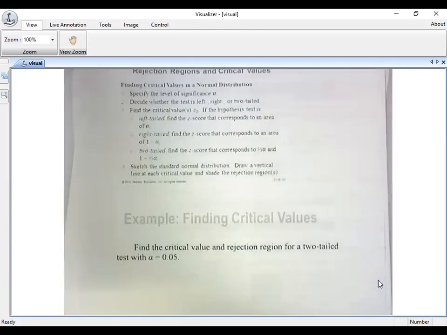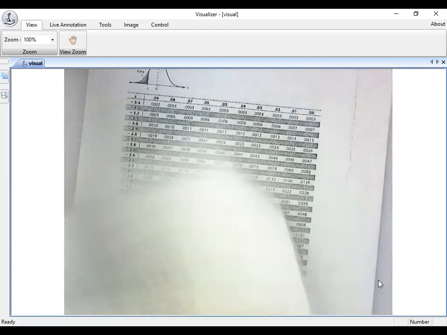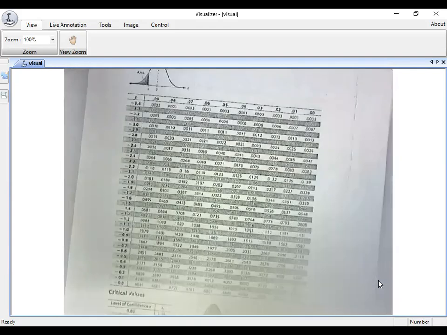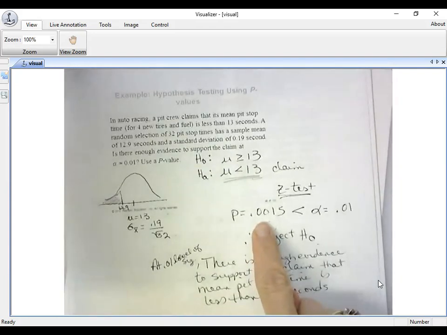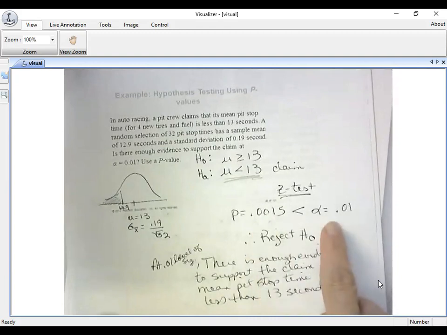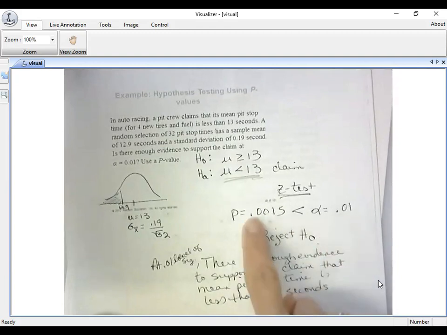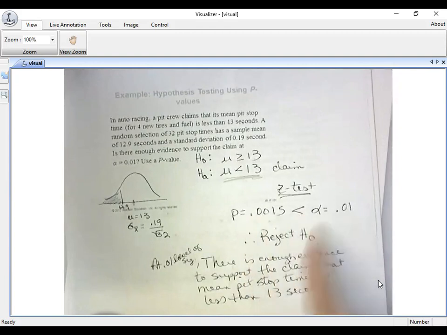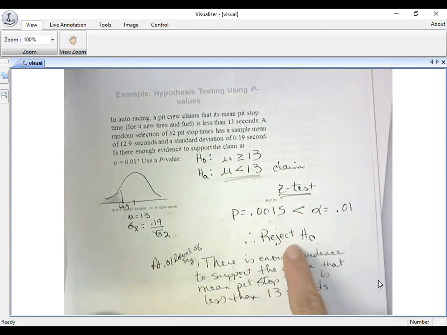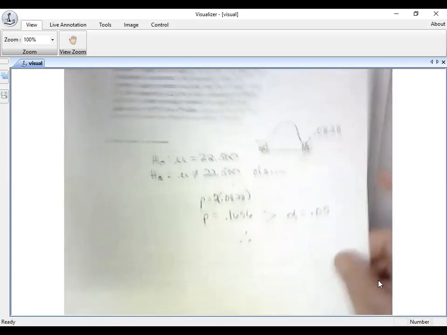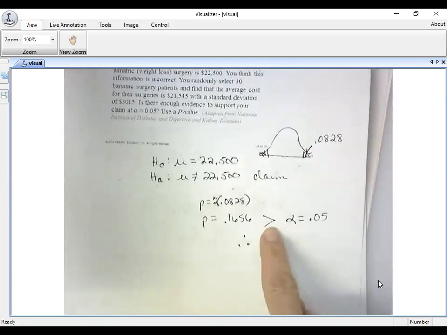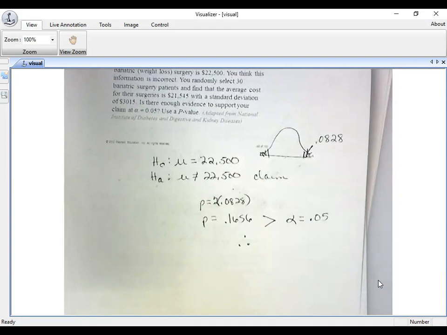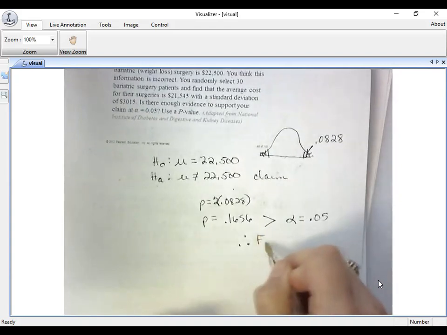We got a p-value that was 0.0015, and when you compared it to 0.01, obviously p was smaller. And if p was less than alpha, our decision was to what? Reject. As long as p is smaller than alpha, you're going to reject. But this one, p is definitely bigger than alpha. So what does that mean that I do? I fail to reject the what?